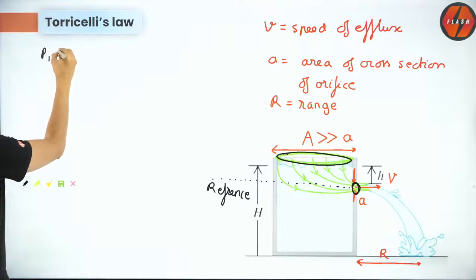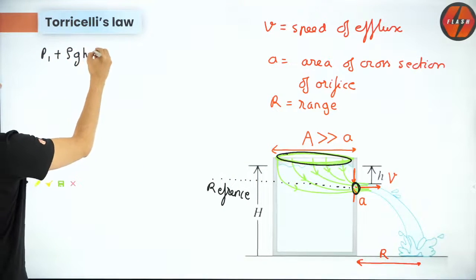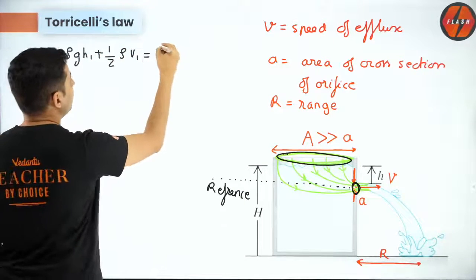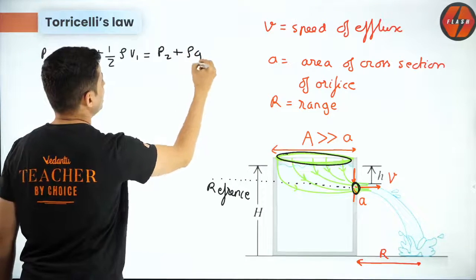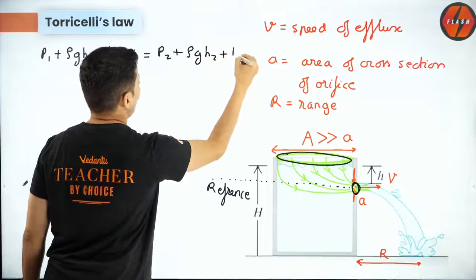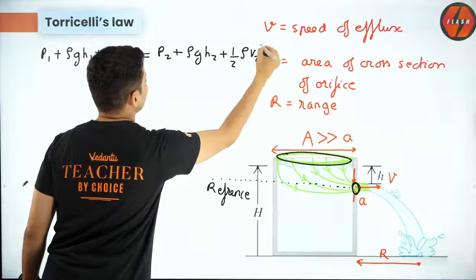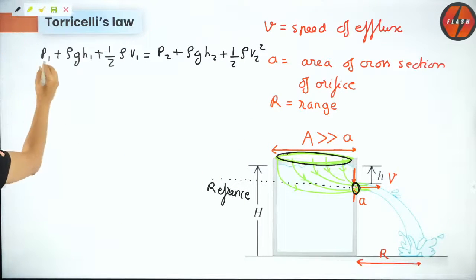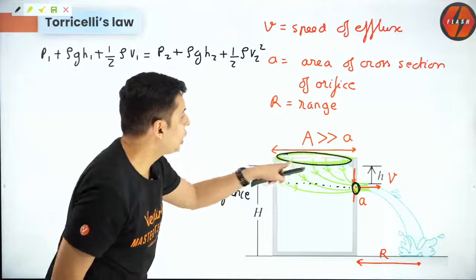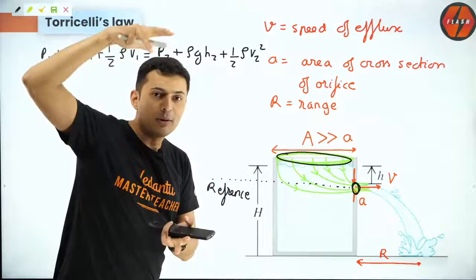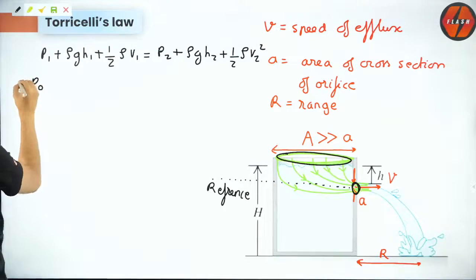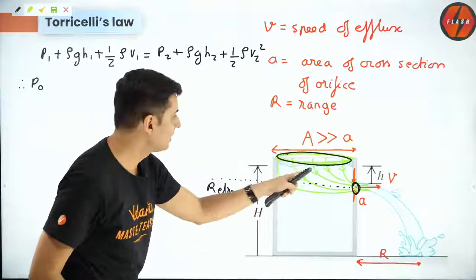So P1 plus rho g h1 plus half rho v1 squared is equal to P2 plus rho g h2 plus half rho v2 squared. This is our equation. Let's start writing down each term. Pressure on the top, P1, I think it is the atmospheric pressure. So it will be just P naught, guys, nothing else.